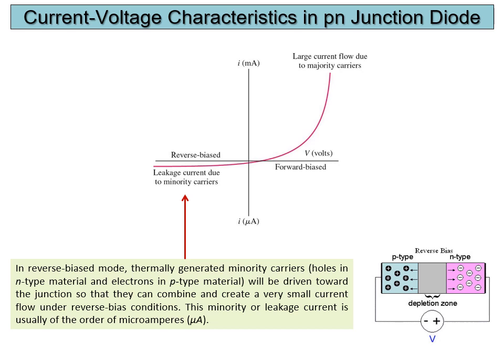So what happens in here? The minority carriers will be attracted to each other at the junction and thus create a very small current flow under reverse bias condition, and this minority or leakage current is usually of the order of microampere.